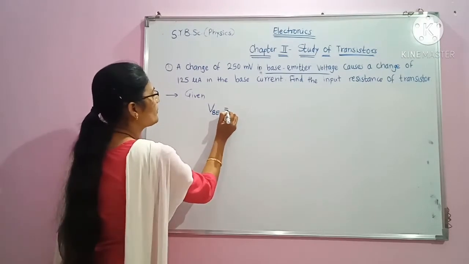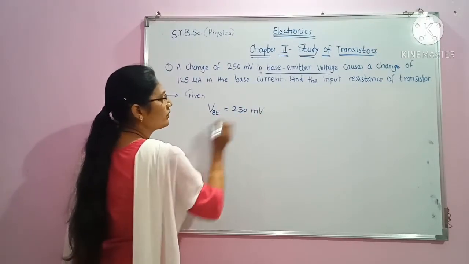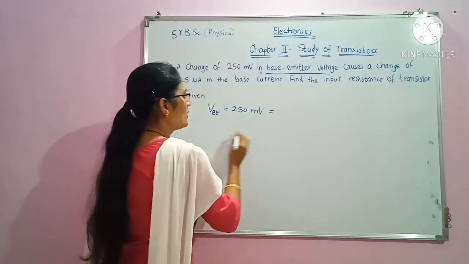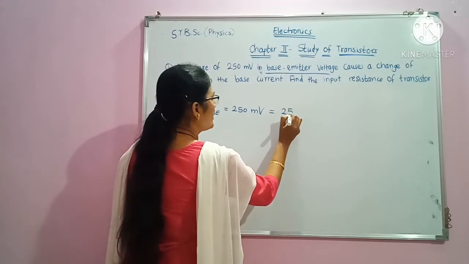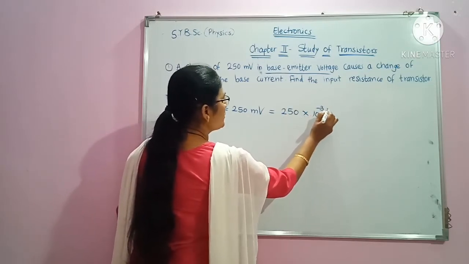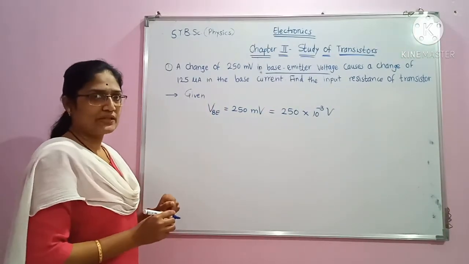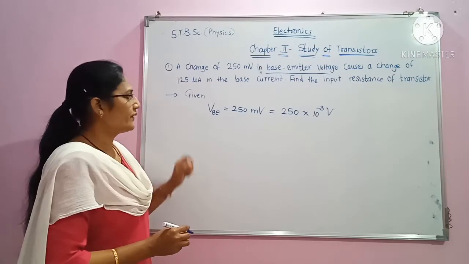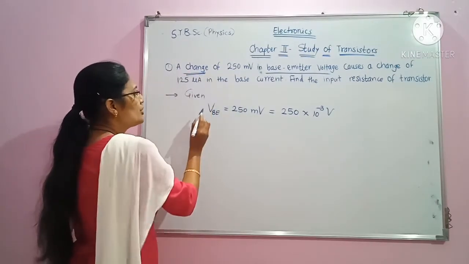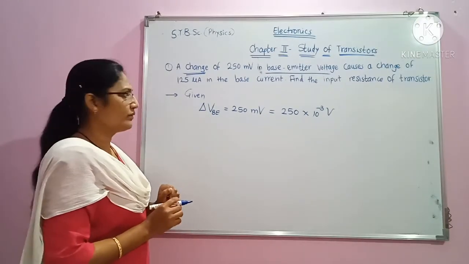Its value is 250 millivolt, so we have to convert it into volt. 250 multiplied by 10 raised to minus 3 volt is the value of VBE, the base emitter voltage. Then this is nothing but the change, so you have to write delta VBE.